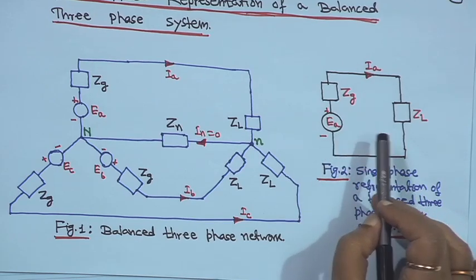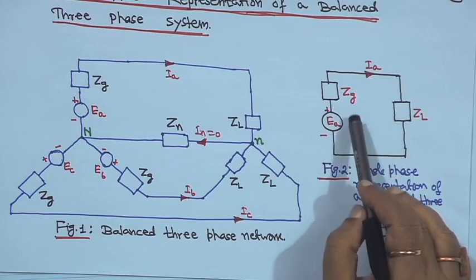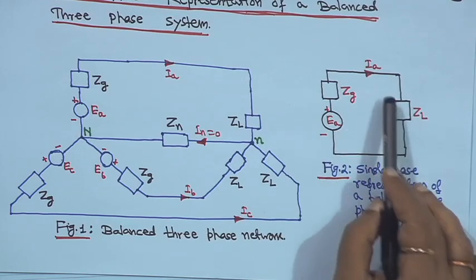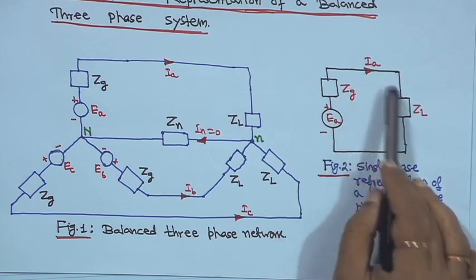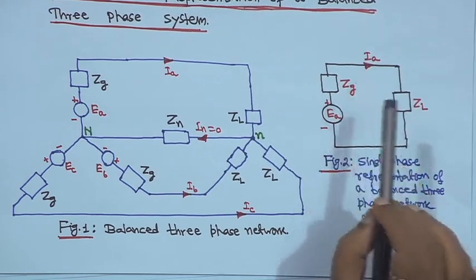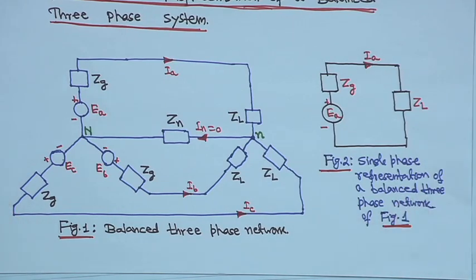If you apply KVL, it will be EA is equal to Zg plus ZL into IA. That means EA equals (Zg plus ZL) into IA. This is the single phase representation of the balanced 3 phase network of figure 1.